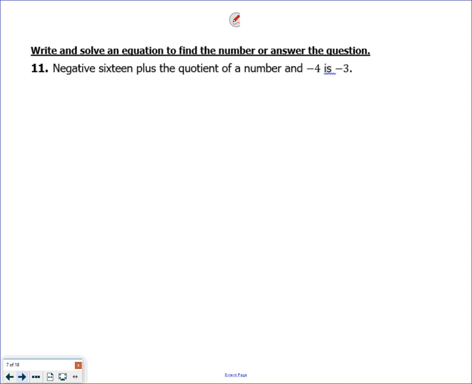Writing and solving an equation to find the number and then answer the question. So I have to write out the equation and then answer the question. Negative 16 plus the quotient of a number and negative 4. So negative 16 plus. Quotient means division. So a number and negative 4 is negative 3.